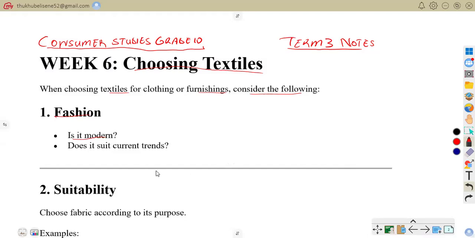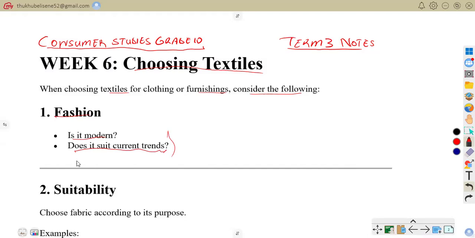Does it suit current trends? Some fabrics and colors become popular at certain times. For example, neutral colored linen clothing is a popular fashion trend during summer. Remember, fashion changes over time, but classic styles often stay fashionable for many years.